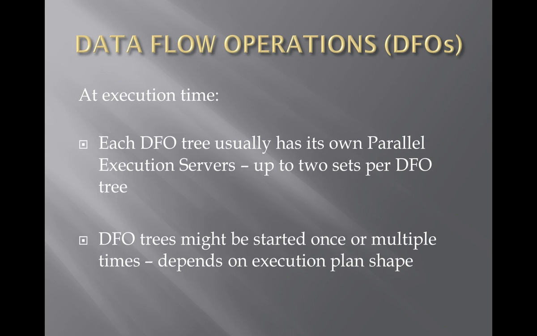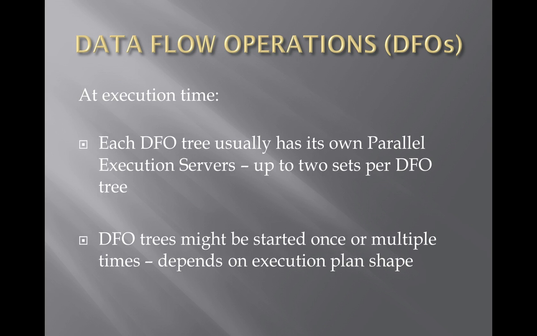So consider that you have two Dataflow Operation trees, two DFO trees, and each have the same degree of parallelism, let's say 8, and each DFO tree has multiple DFOs, so that you end up with 2 sets of parallel execution servers per DFO tree. This means that you might end up with actually 2 times the number of parallel execution servers that you would expect.